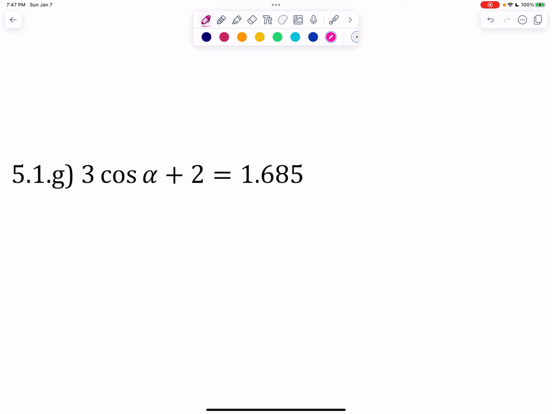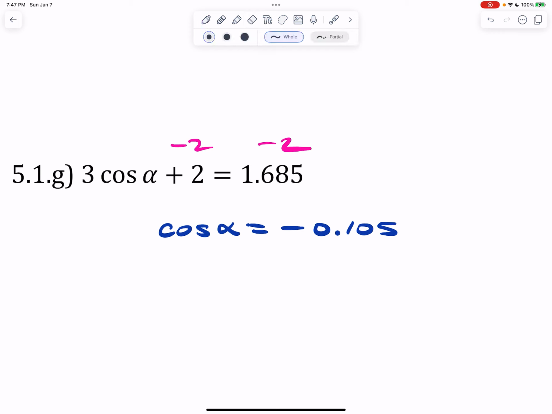But if we subtract 2 from both sides and divide both sides by 3, we will get that cosine of alpha is negative 0.105. And again, that's by subtracting 2 from both sides, and then addressing this 3.